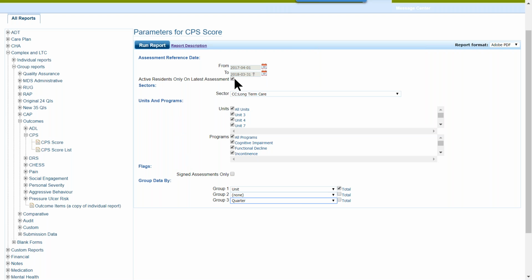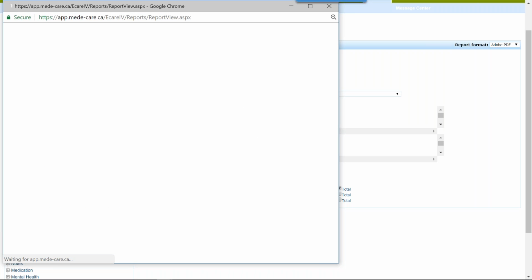So I'm going to look at my active residents. This is all the same thing every single time, so we don't need to keep repeating that. And then you can run the report to look at what percentage of people fall within the different ranges of the cognitive performance scale, which I think is a very interesting way to look at that data.